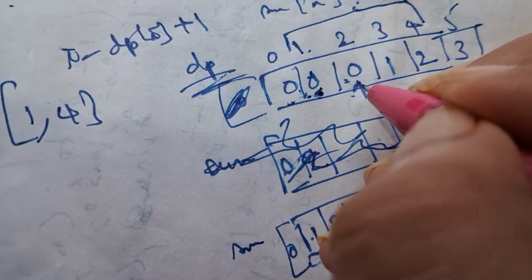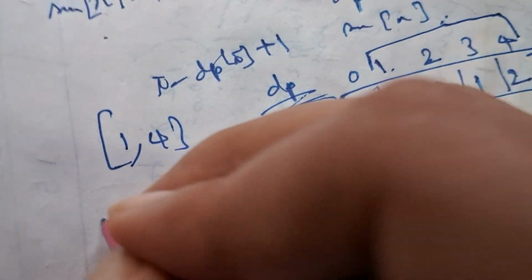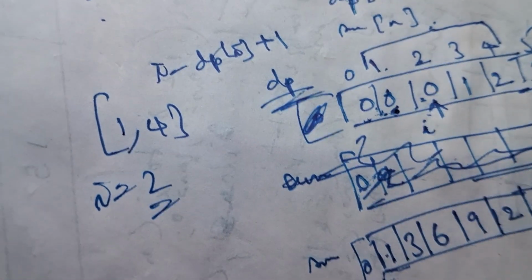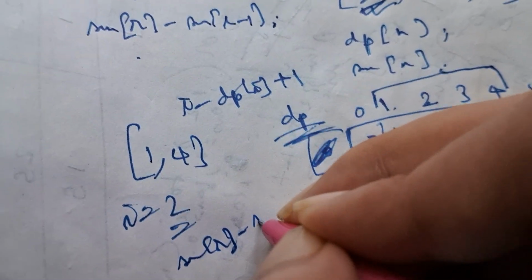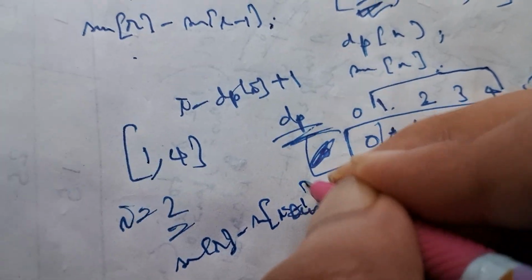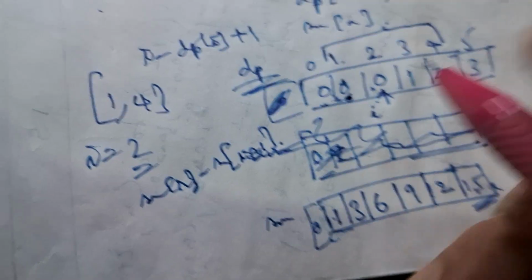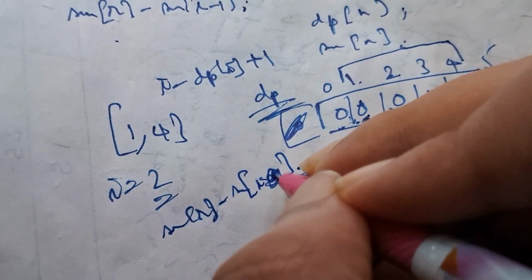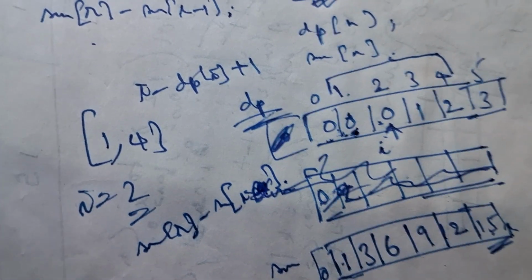Till over here, let's say this was the position of I. I is equal to 2 over here. What I told you beforehand, we can simply go for sum of R minus sum of I minus 1, I mean, sorry, sum of R minus sum of I directly, because I is the first position which doesn't satisfy it.